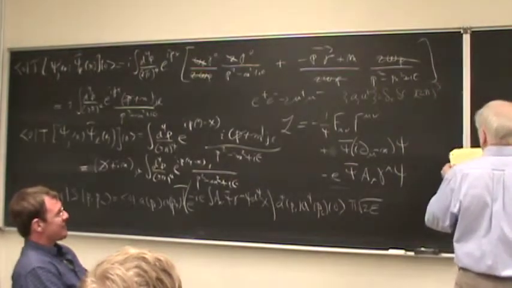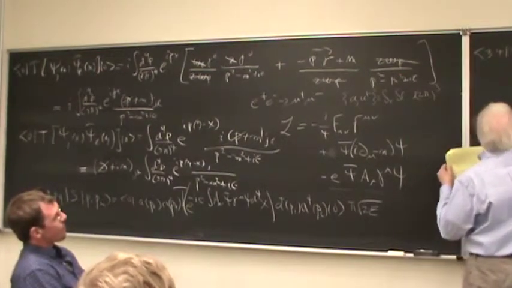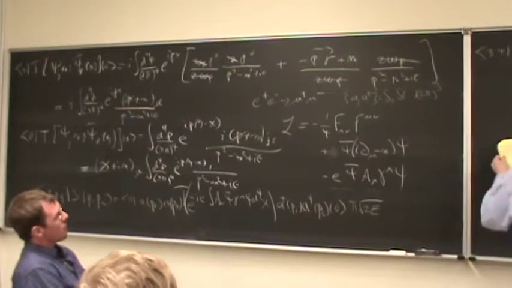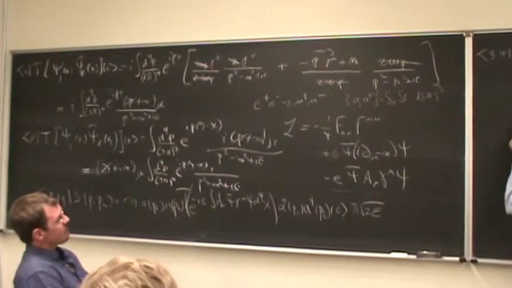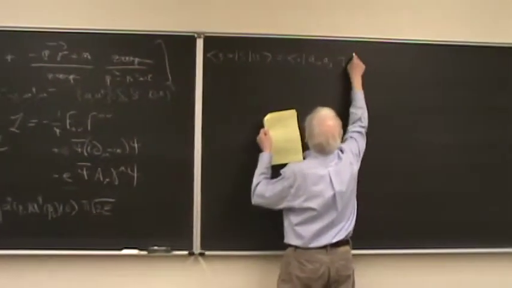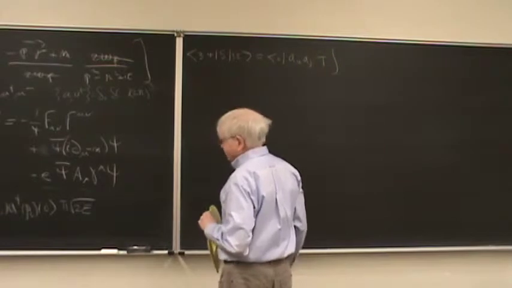Okay, so this thing 3, 4, S, 1, 2 is then going to look like this. 0, A4, A3, time-ordered product, and we're going to be expanding.